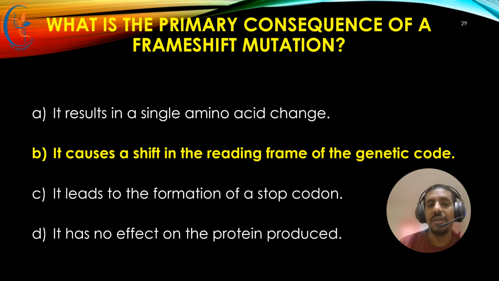Frame shift mutations result from insertions or deletions that are not in multiples of three nucleotides, causing a shift in the reading frame. This alters the entire downstream amino acid sequence, often leading to non-functional proteins. So now let's move to the next question.